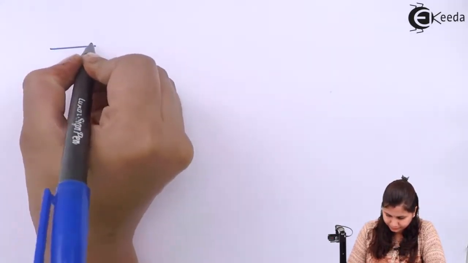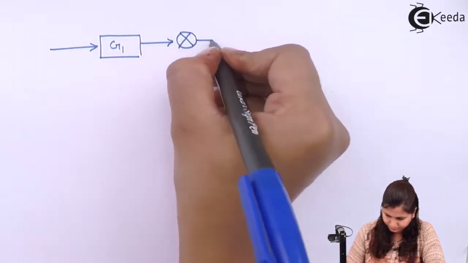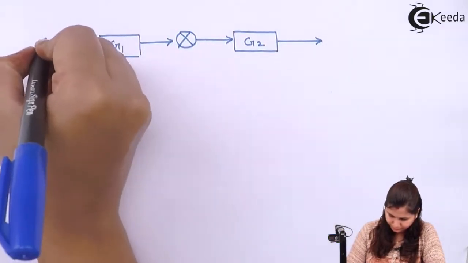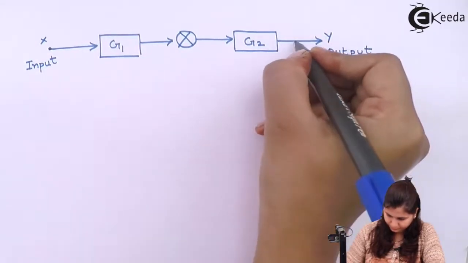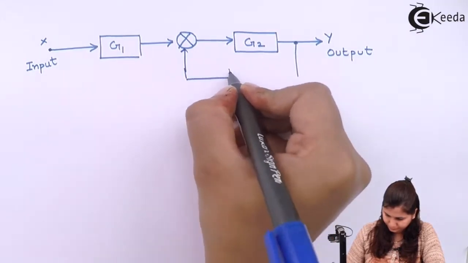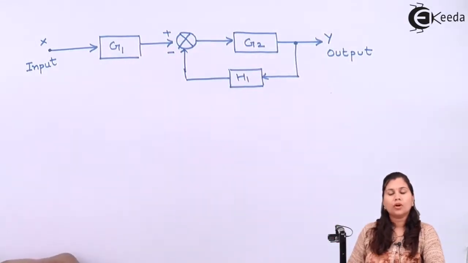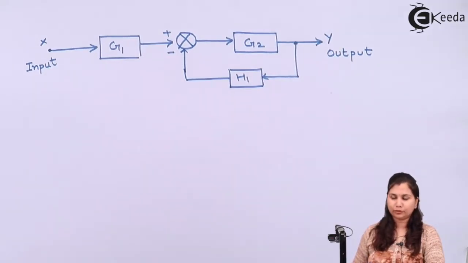So let us take an example of how we can convert a block diagram into a signal flow graph. This is the block diagram and we have to convert it into a signal flow graph.